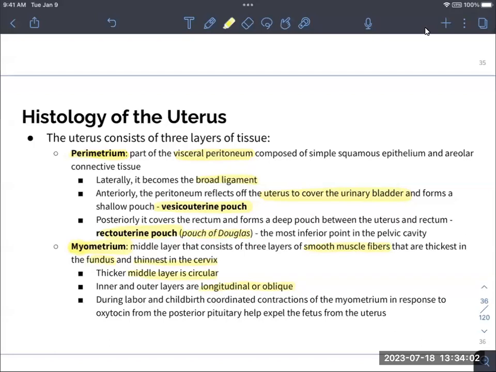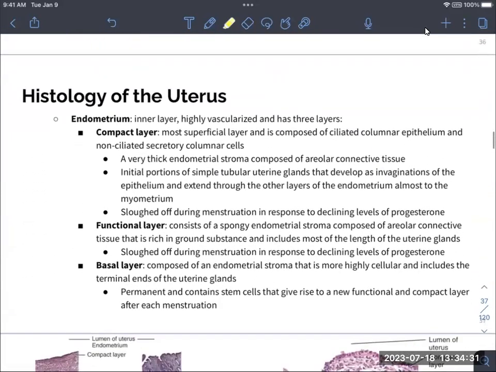So oxytocin is the hormone that triggers contractions of the uterus during labor and childbirth. So that myometrium will respond to this oxytocin that comes from that pituitary, which causes that myometrium to actually fully contract, which helps to push that fetus out of the uterus.